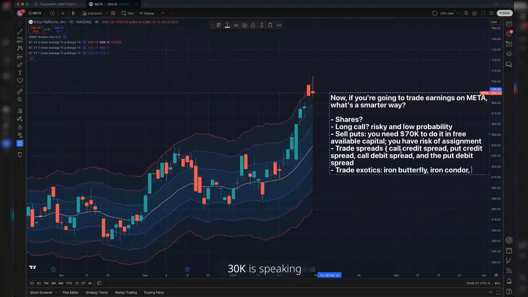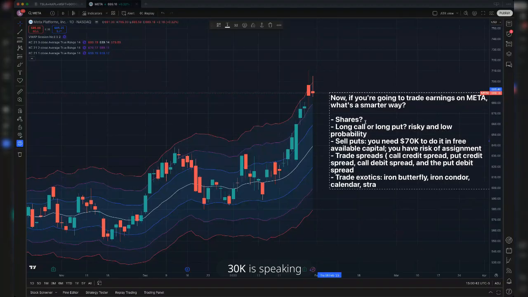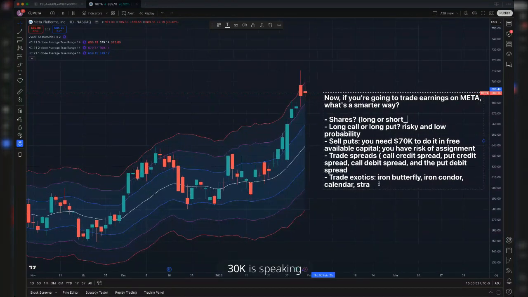I wouldn't do a diagonal for earnings. Strangles and straddles are a permutation on long call or long put, and you can also short. This could be long or short. Okay, so for an earnings trade, you can pick any of these options.